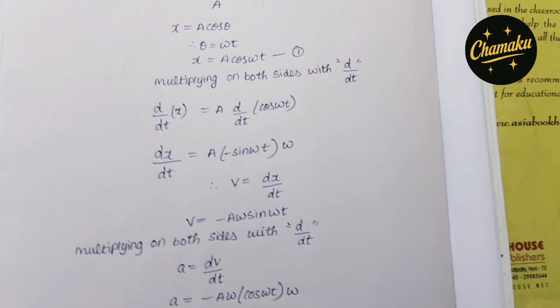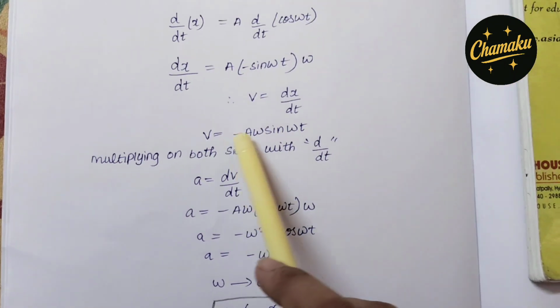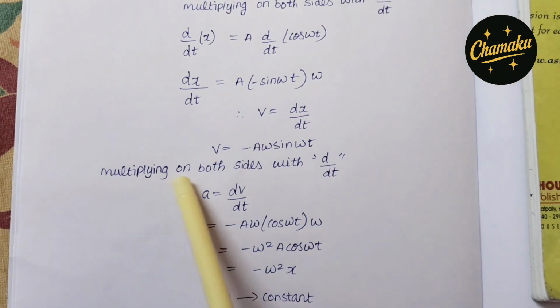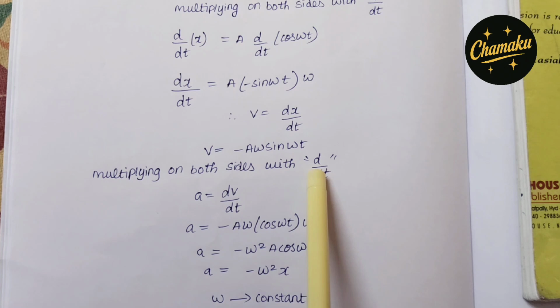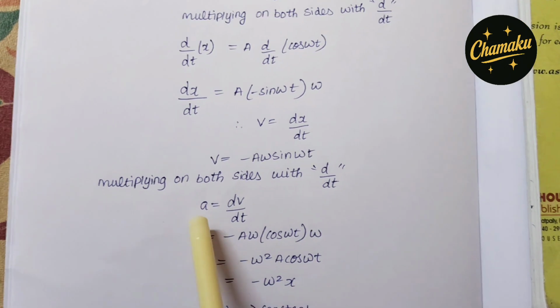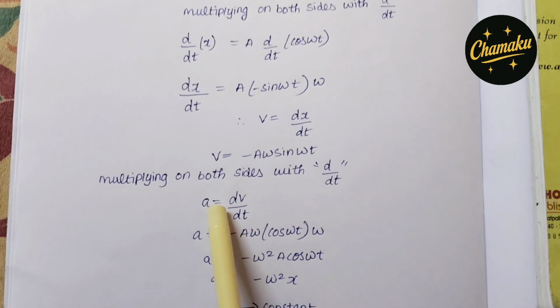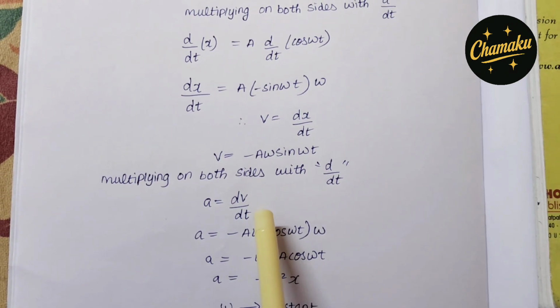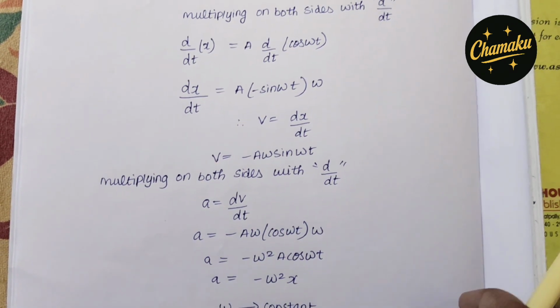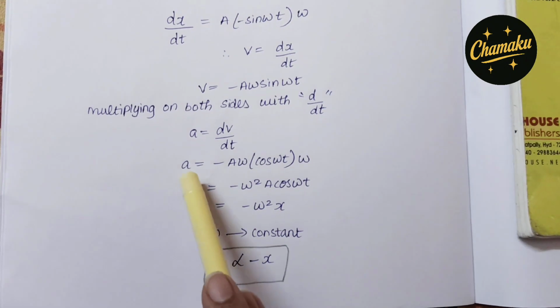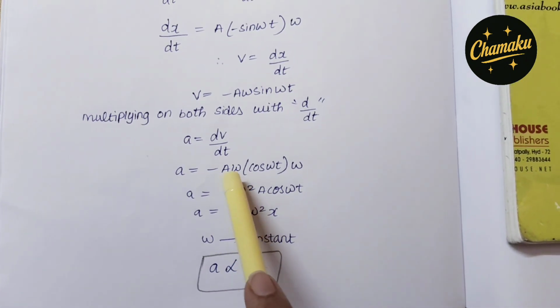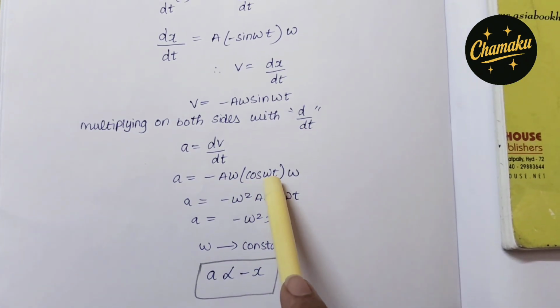Okay, again for this equation we will be multiplying on both sides with d by dt. Acceleration is equal to velocity by time, right? So a is equal to dv by dt. Therefore a is equal to minus a omega into cos omega t into omega.